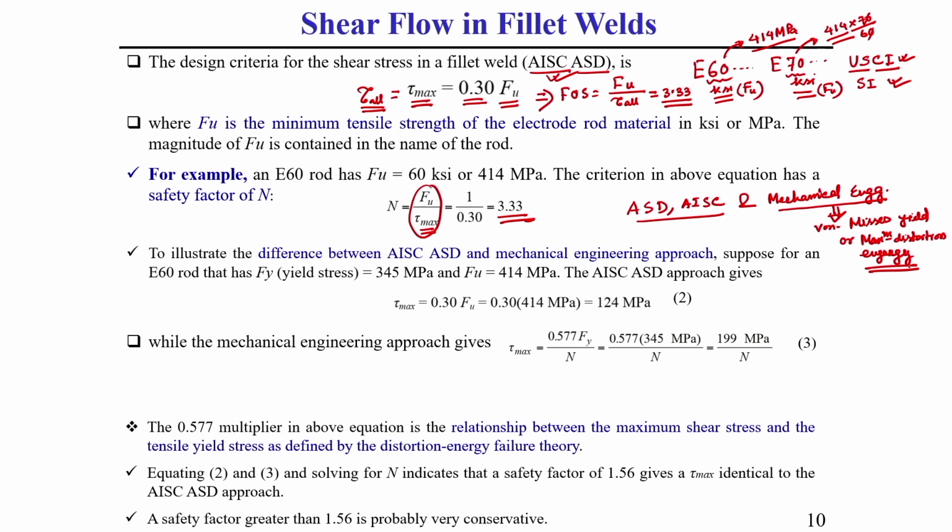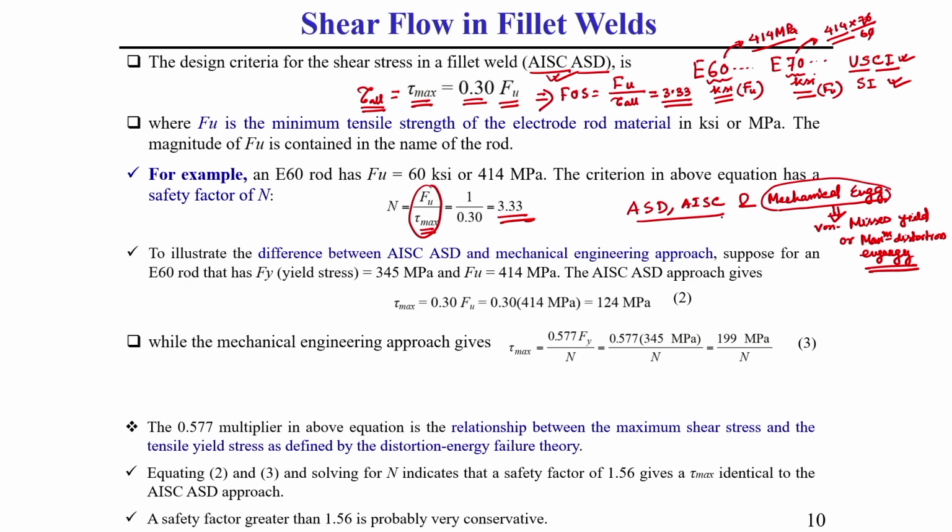Based on these two criteria, first I will discuss how we get the factor of safety. After that I will show why we are not using the mechanical engineering standard here, that also I will discuss.